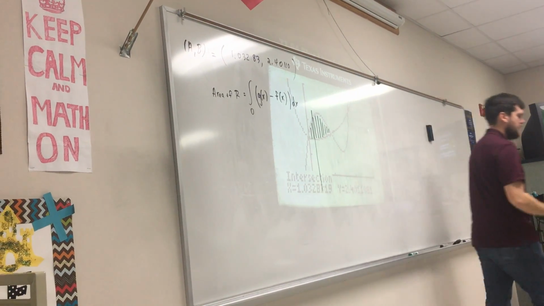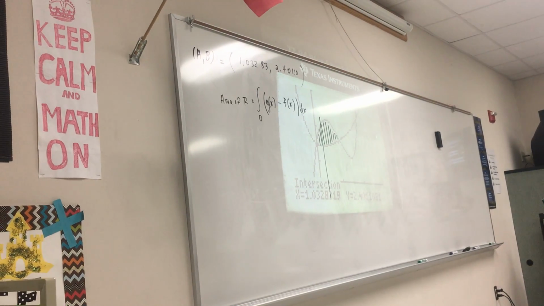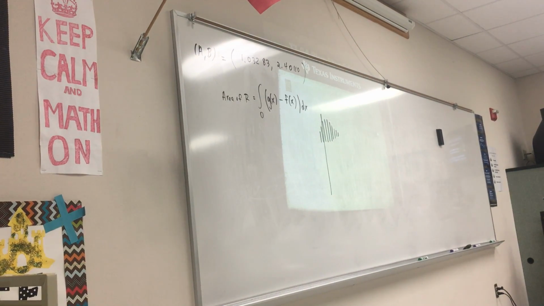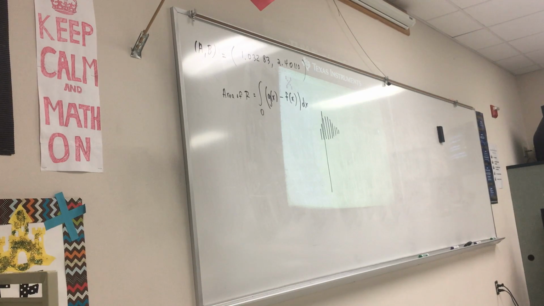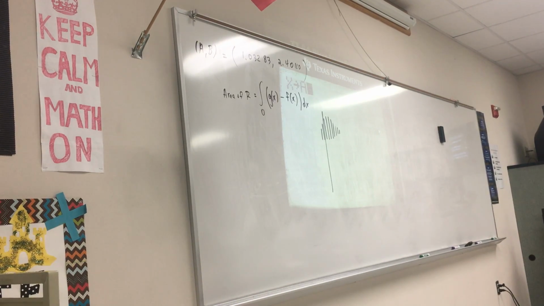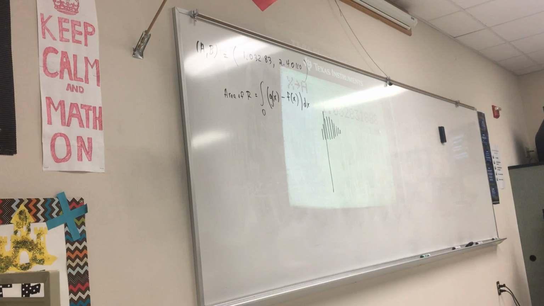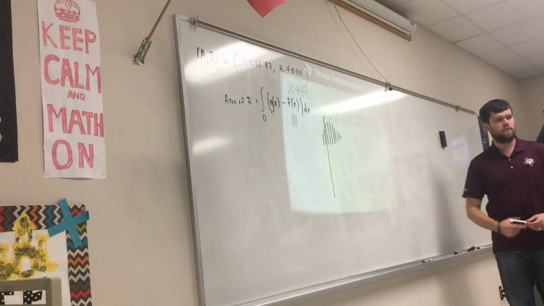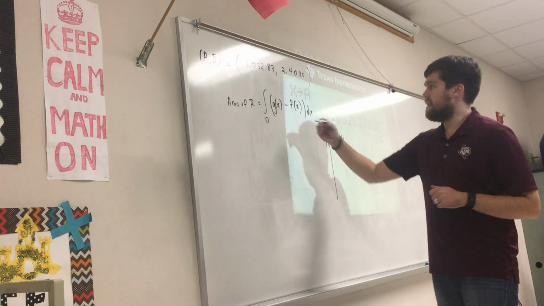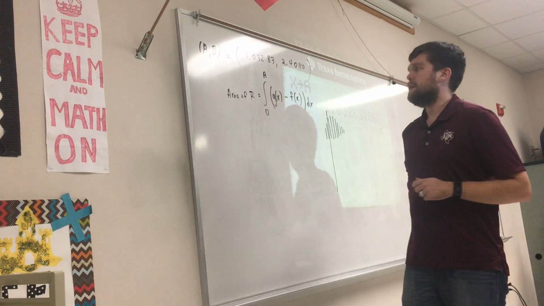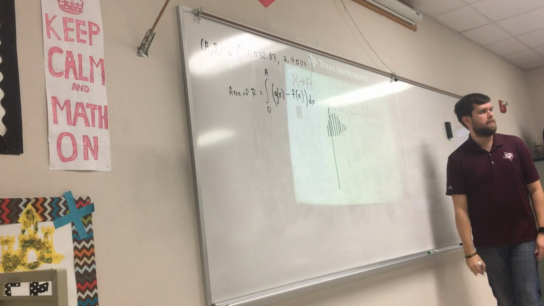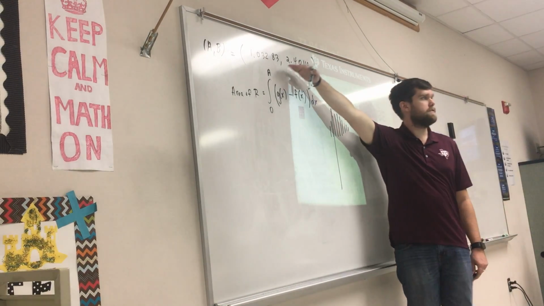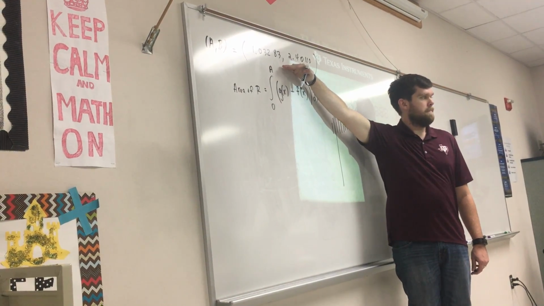So without hitting any other buttons, hit second quit, then use x, and store that as A. And there we have it. 1.0328 is now stored in A, and the AP exam will allow me to write A as my upper bound as long as I have this written on my paper somewhere.